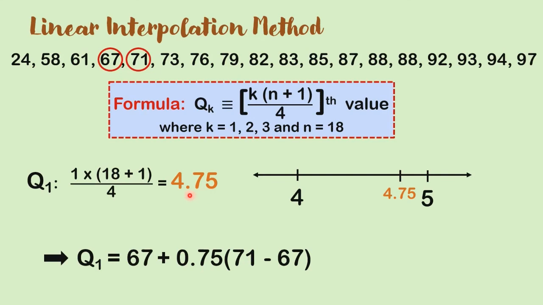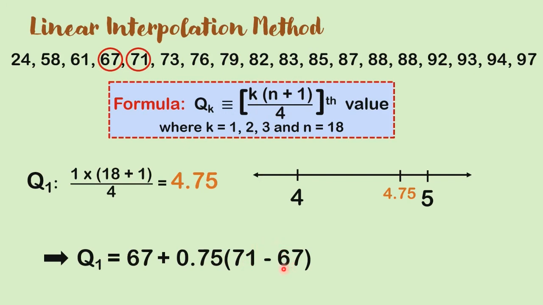Saan ulit nakuha tong value na to? Kapag nag-substitute tayo ng value ni K at N dito sa formula. Okay? Kung ano man yung decimal part dito, yun yung i-consider nyo dito. Okay? And then multiply to the difference of the larger number and the smaller number. Ito yung nasa fifth position. Ito yung nasa fourth position.